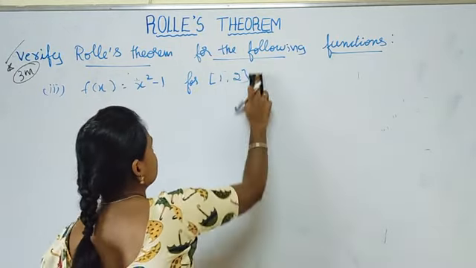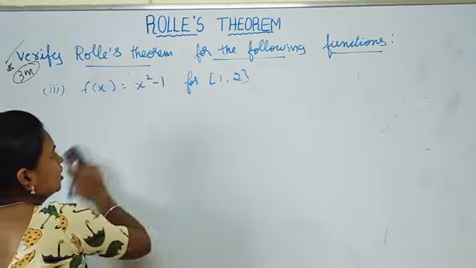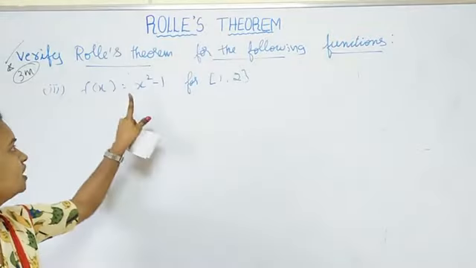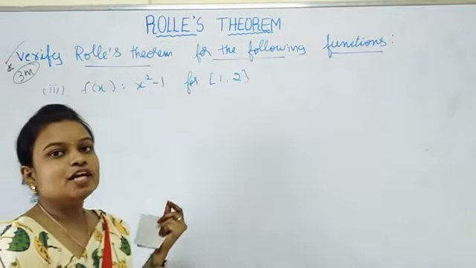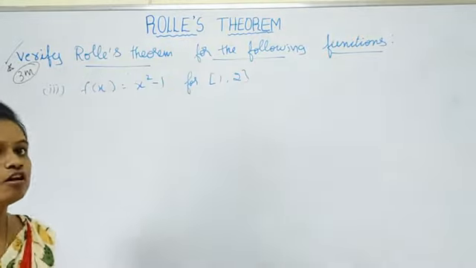So we have to verify the function x square minus 1 for the interval 1, 2. We have to check whether this function satisfies Rolle's theorem or not.